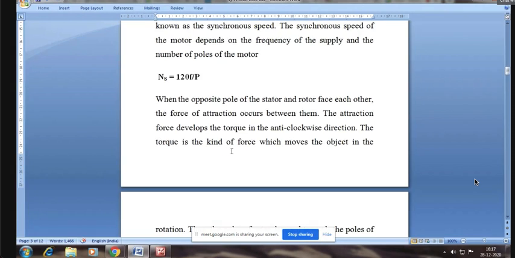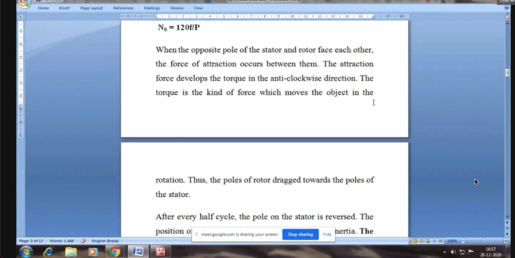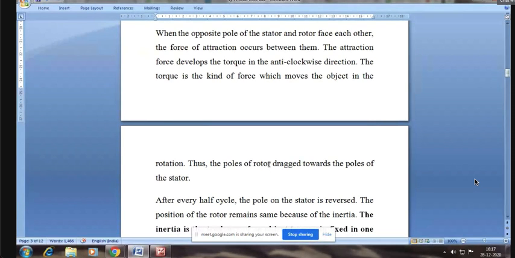The torque is a kind of force which moves the object in rotation. Thus, the poles of the rotor drag towards the poles of the stator. So when the rotor pole and the stator pole have opposite polarity, the motor will certainly rotate anti-clockwise because of the dragging force between the two poles. Is it clear?